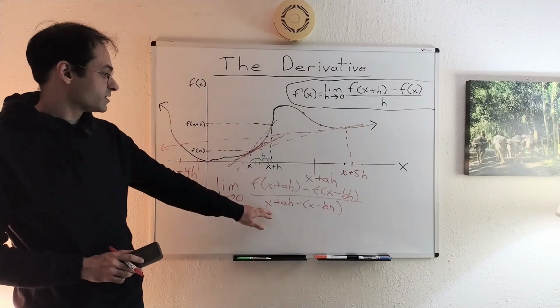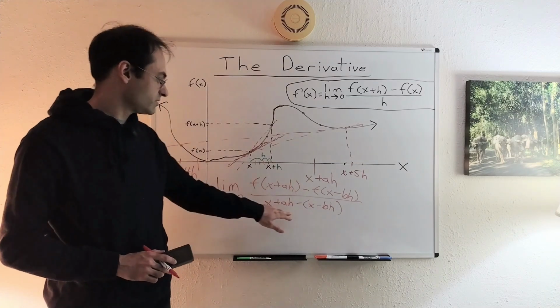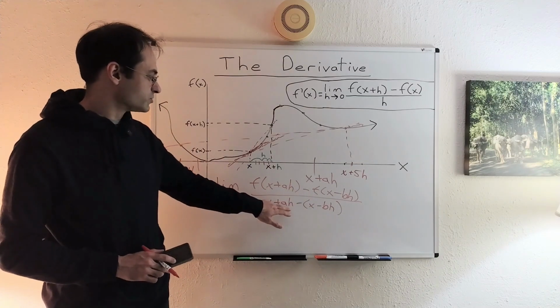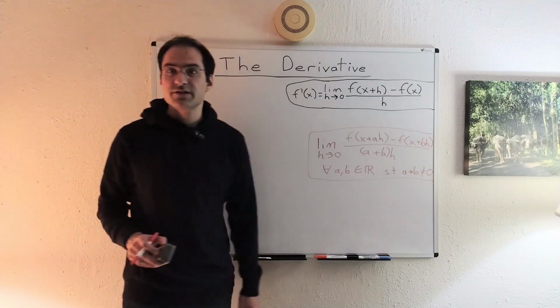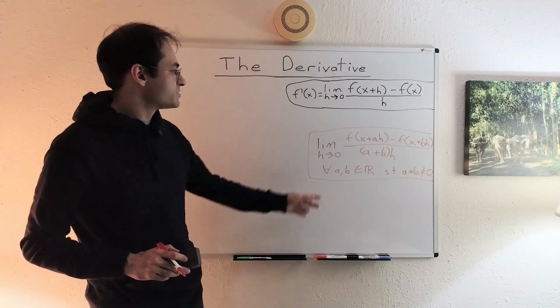And then we'll notice on the denominator here, x minus x will cancel out, and so we'll just be left with ah plus bh.